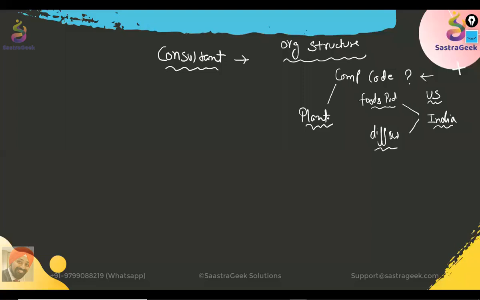So for example, when you create a plant for the first time, you give an address and everything, right? So you have to gather that address even before you start setting up the org structure? Yes. Before we set up the plant, we create a small template to collect the addresses.